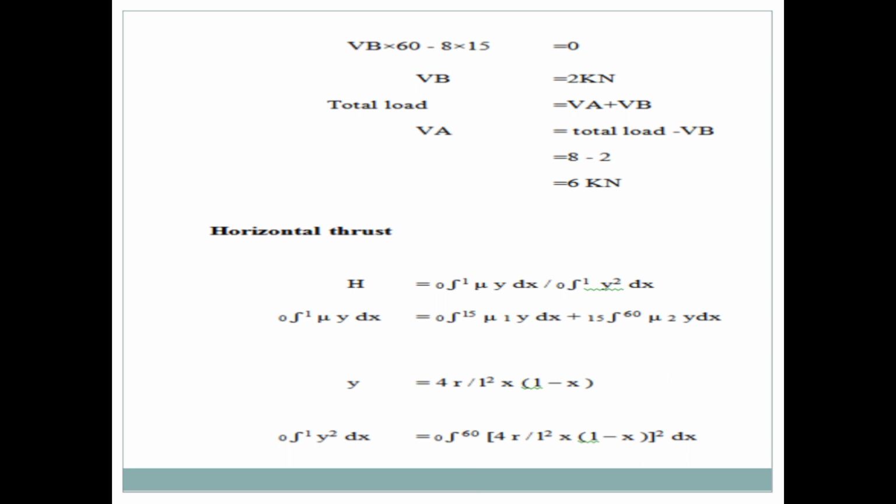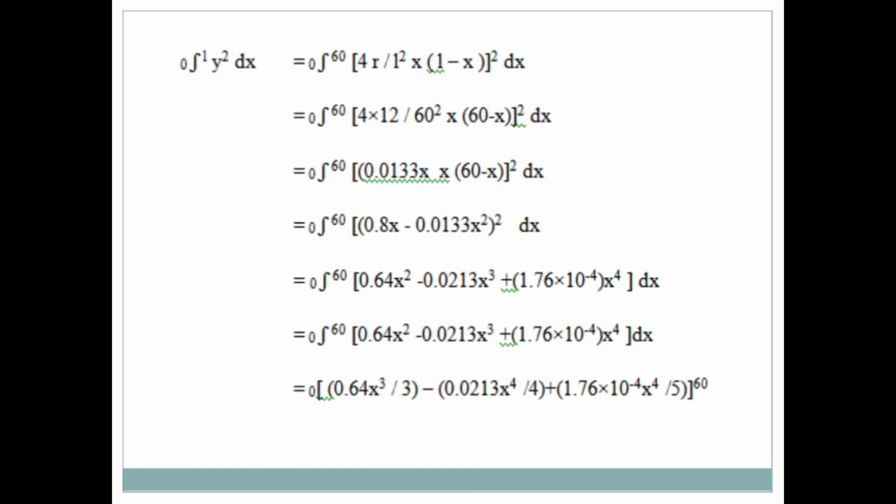equal to integral of 0 to L of M mu y dx divided by integral of 0 to L of y square dx. So you are applying this, y is equal to 4x divided by L square into x into L minus x. So you are getting the solutions step by step.